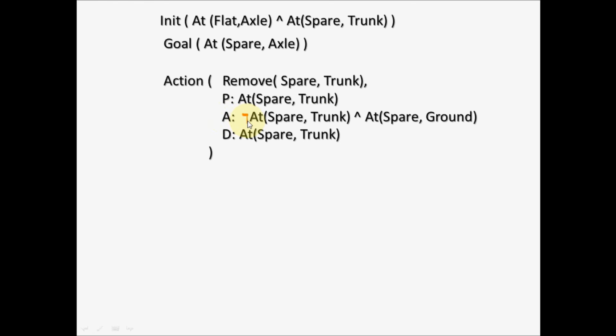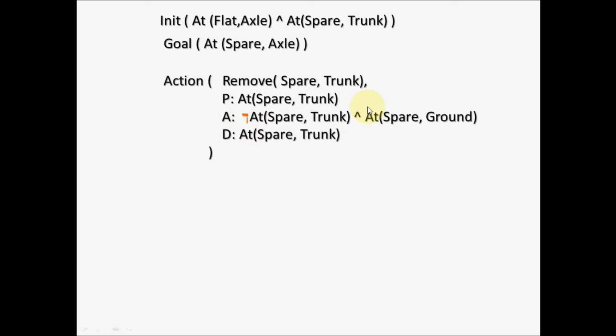So see here, we are explicitly specifying that removing the spare tire from the trunk means that after that action is taken, as a postcondition, the spare tire is no longer present in the trunk. This is what I was talking about in Green's approach, right?